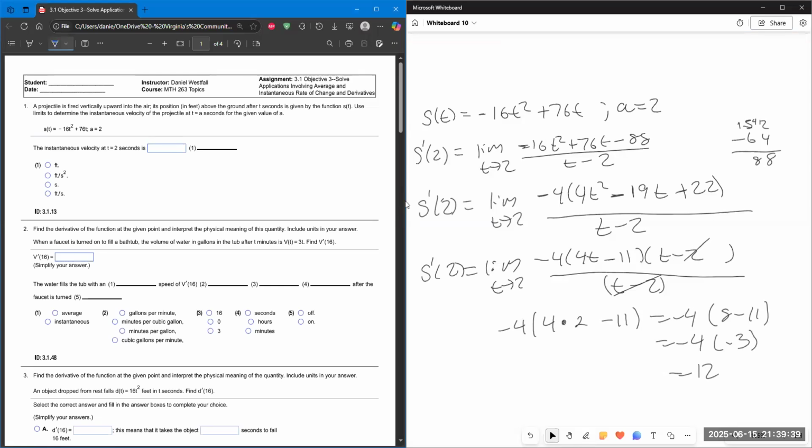And we are in seconds there, and in feet. So we're in feet per second since we're in velocity. Let me just check that. 12 feet per second. Perfect.